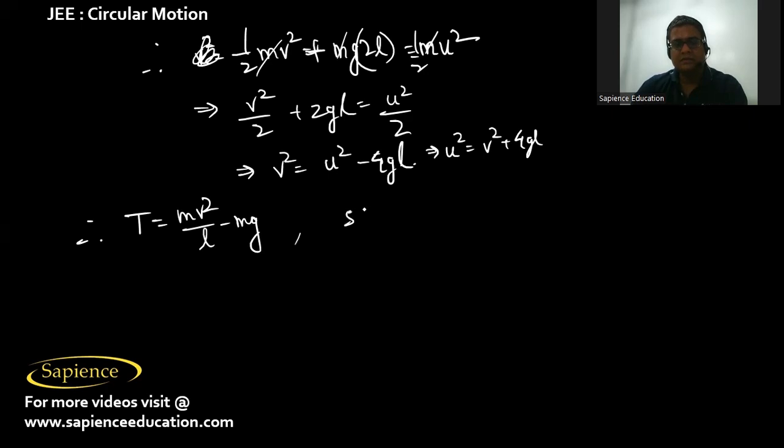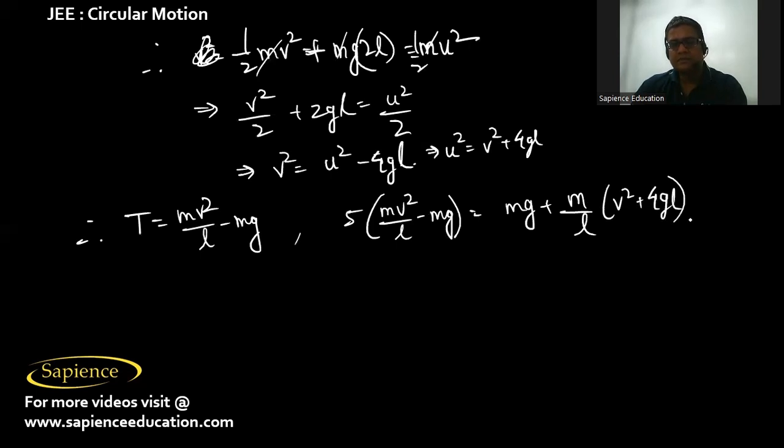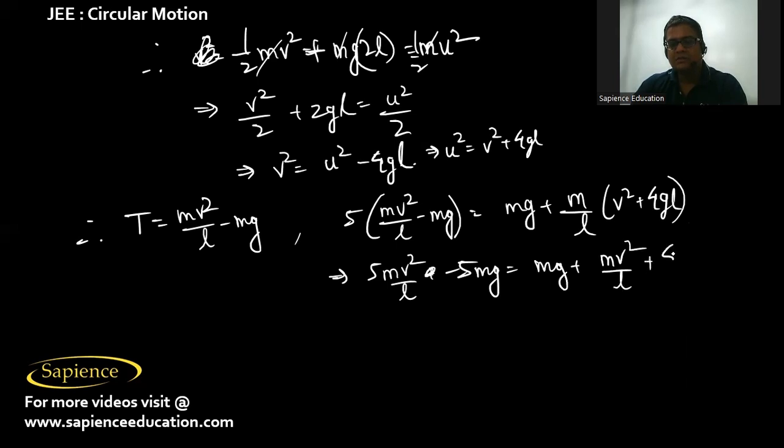So 5 times of that, 5 times of mv square by L minus mg, it is 5T, that is equal to mg plus m by L into u square. U square is v square plus 4gL. Therefore, this will be 5mv square by L minus 5mg, that is equal to mg plus mv square by L plus 4mg.